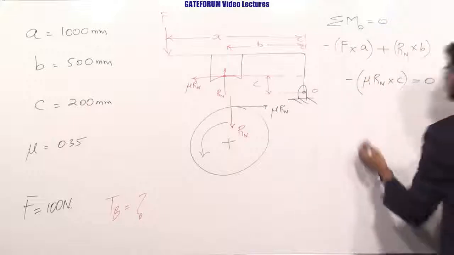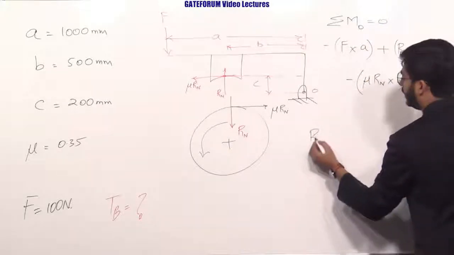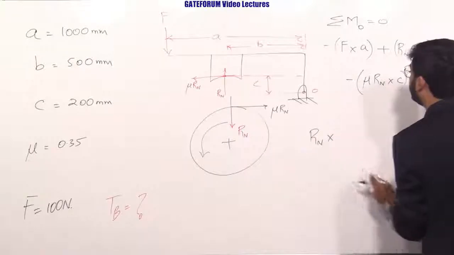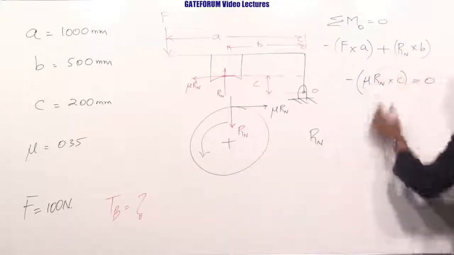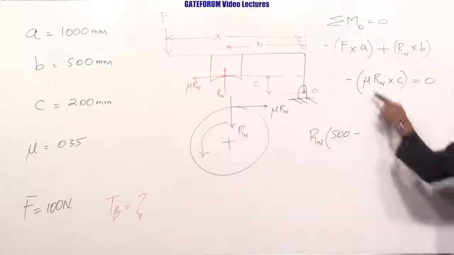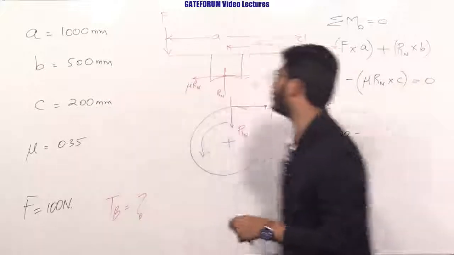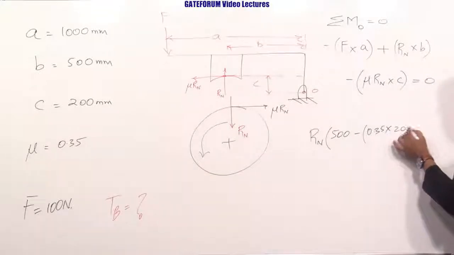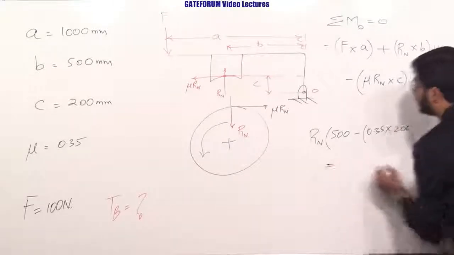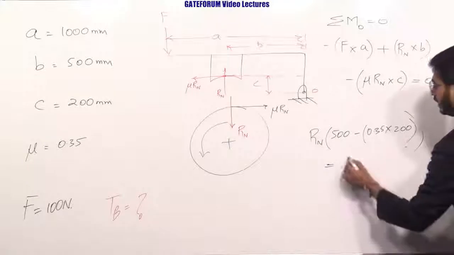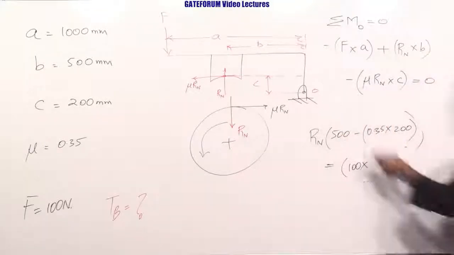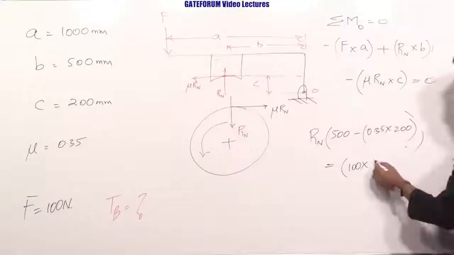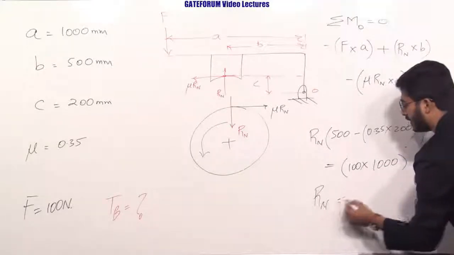Now if you substitute here, B is equal to 500. Pulling out Rn, this will be Rn into (500 minus 0.35 into 200), which is equal to F equal to 100 newtons, and the distance of the force from the hinge is 1000.